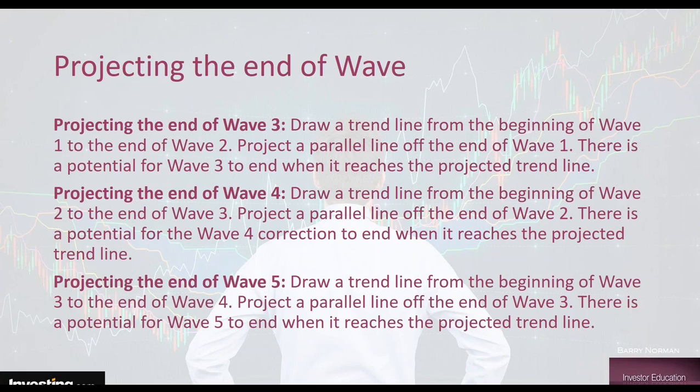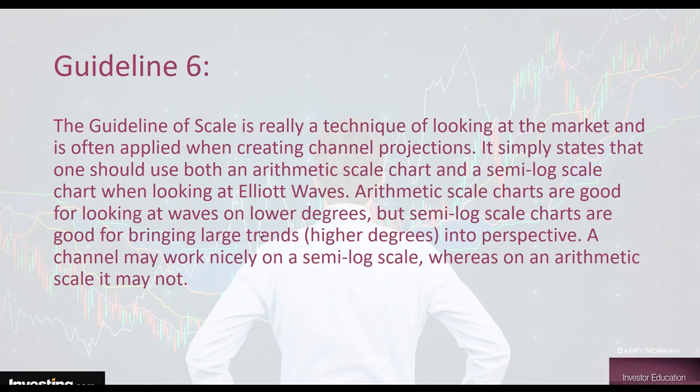Project a parallel line off the end of wave 3, and there's a potential for wave 5 to end when it reaches the projected line. So it's not that complicated. Each one is different because each wave moves differently, and you're trying to project the angle it should be moving on and where the tops will be.